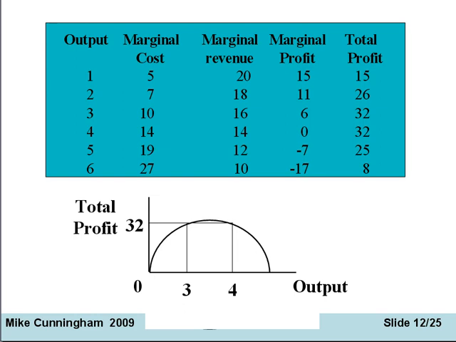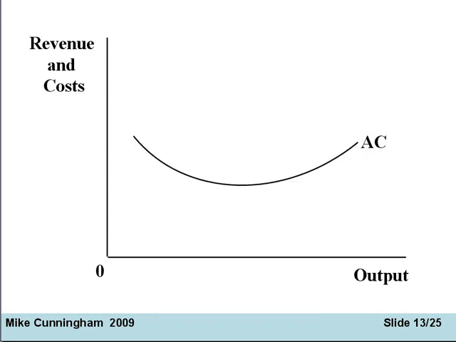Right, let's look ahead in terms of diagrams to see if it gets a bit better. Here's our average cost. It's U-shaped, and we get that from production. As output increases, workers and machines become more efficient, average cost starts to fall.